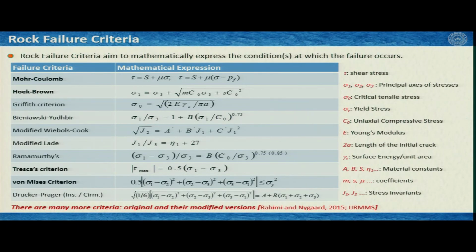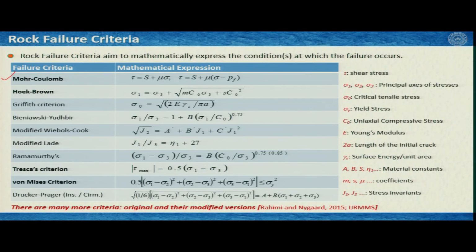Now, there are many other failure criteria, and here is a list. The first one is the Mohr-Coulomb failure criteria that we have already learned, and these failure criteria mostly aim to mathematically express the conditions at which failures do occur. Here are some important failure criteria that people use in rock mechanics or rock fracture mechanics.